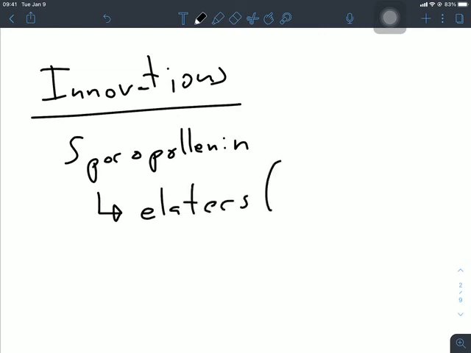And the way that elaters work is that they are basically sugar molecules that have a lot of tension in them. So they're these large sugar polymers that when they're wet, they have tension, and that tension will snap the structure when it dries out. And that quick flinging, that quick motion of snapping when it dries out, will help push or propel the spore away from the parent.